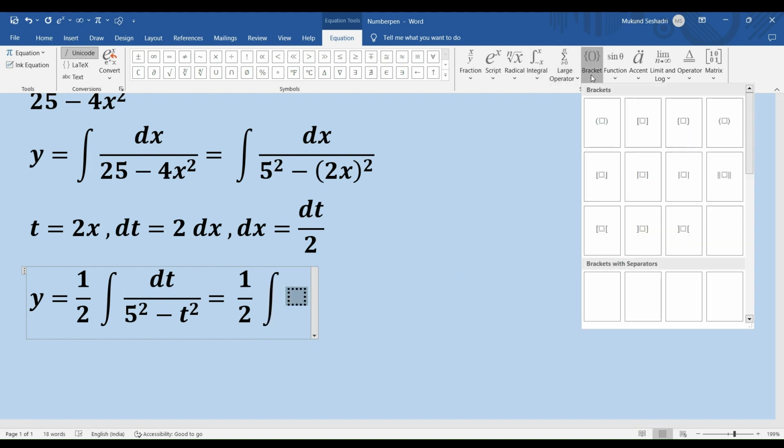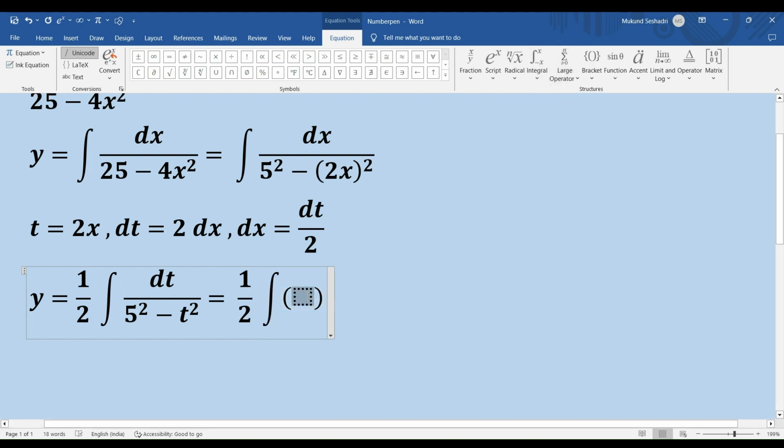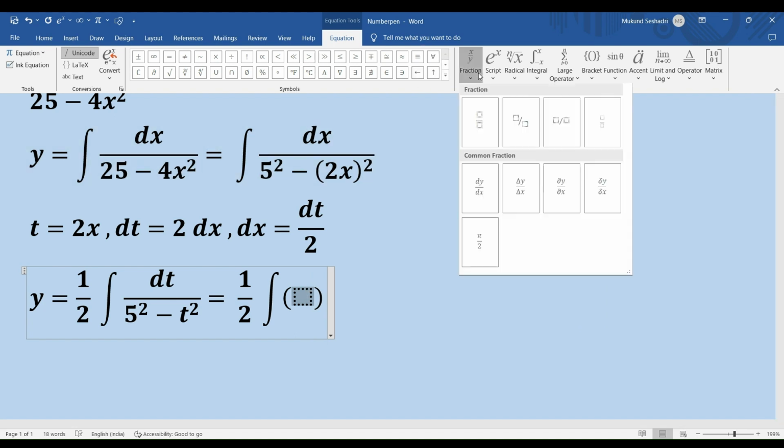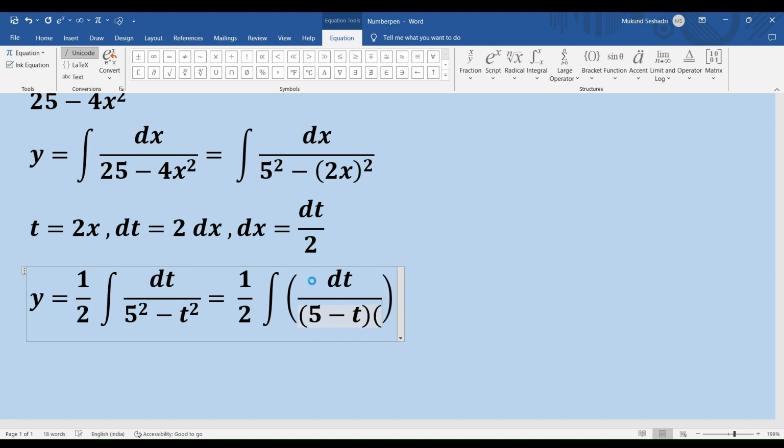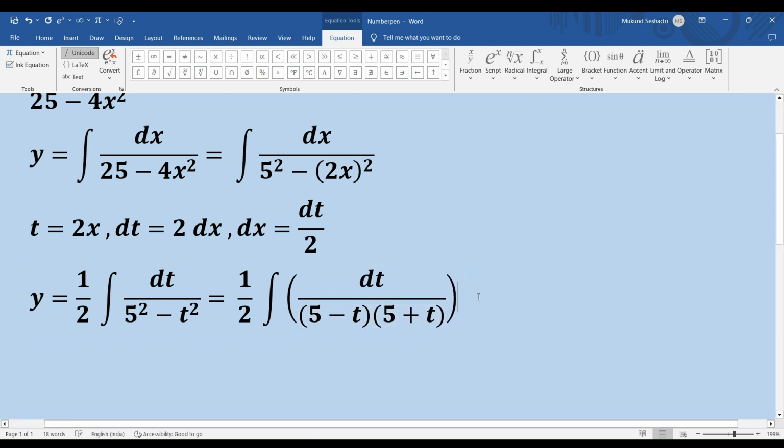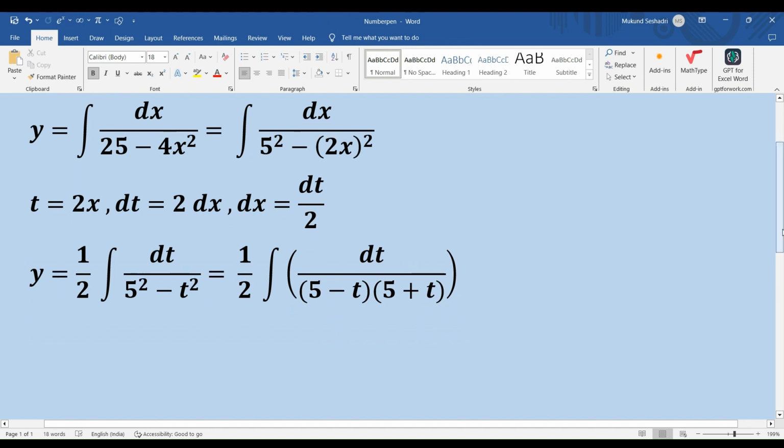Then I rewrite my dt by 5 square minus t square as dt by 5 minus t into 5 plus t, right? Now, this is very simple when it comes to resolving this using partial fractions, and you don't have to elaborate this because this is probably the simplest of partial fractions that you have.